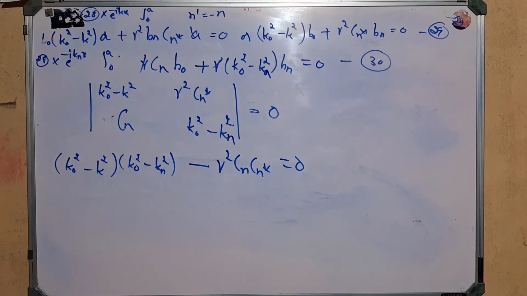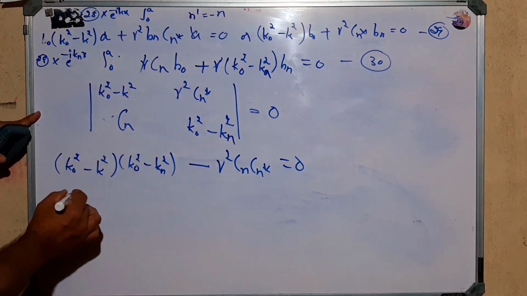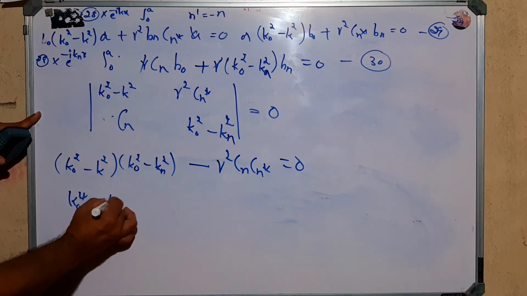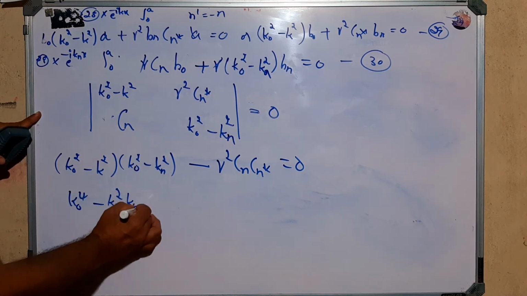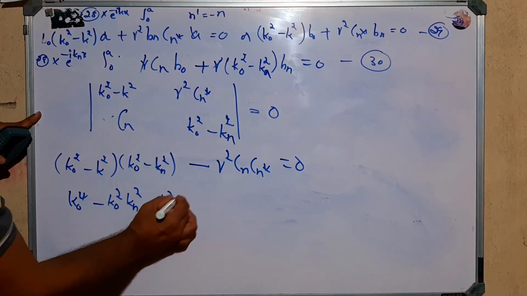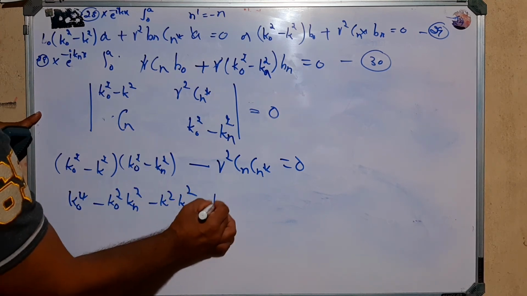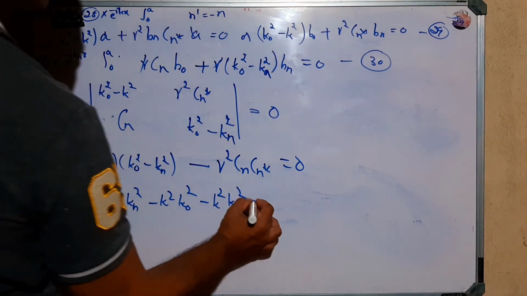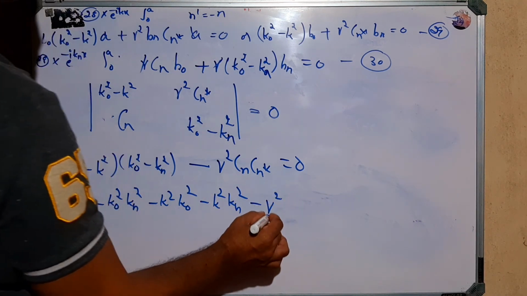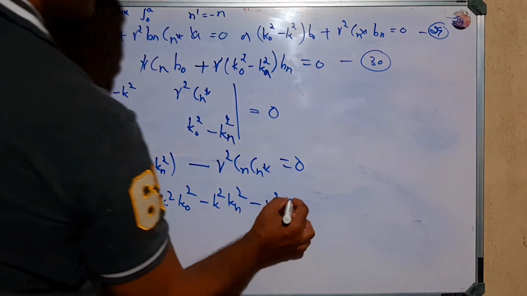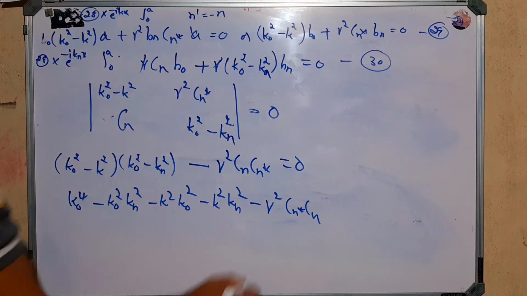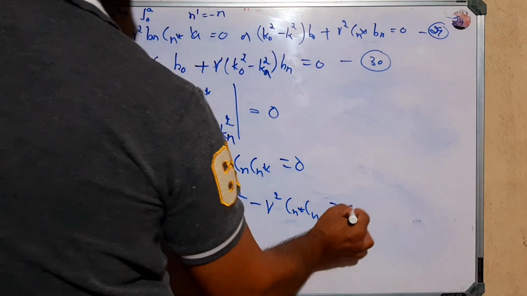Now just multiply this. You are getting k naught to the power 4 minus k naught square kn square minus k square k naught square plus k square kn square minus gamma square cn star into cn. This is equal to 0.